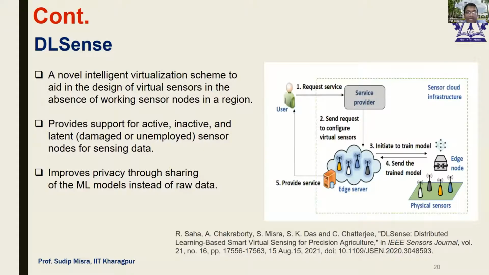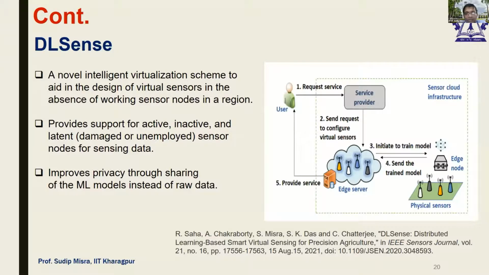So I will take one slide for each of these works. DLSense is one of the works that got published very recently in the IEEE Sensors Journal. This is the work where we have created an architecture where distributed learning can be executed on data that come from virtual sensors for applications such as precision agriculture.